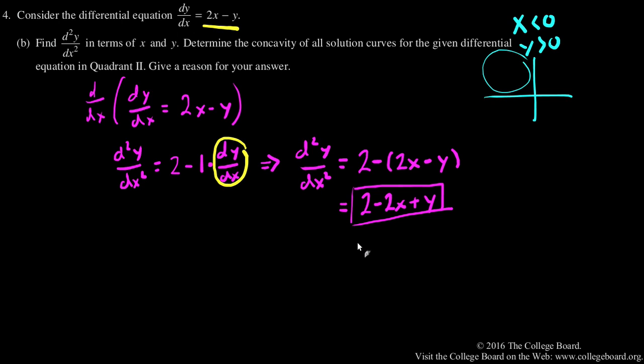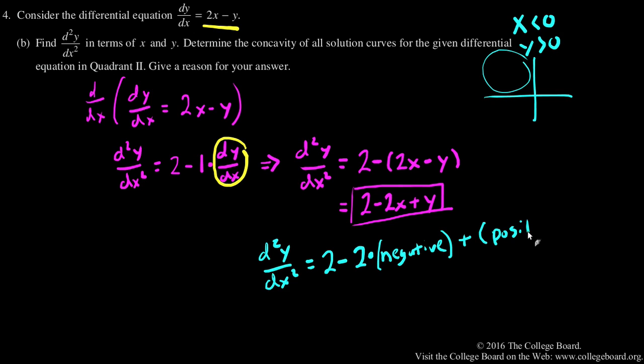So we have d squared y over dx squared. If x is negative, we're going to have 2 minus 2 times some negative number, plus, if y is positive, we're going to add on some positive number.